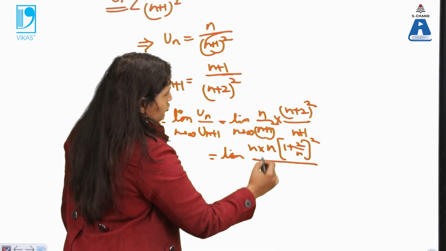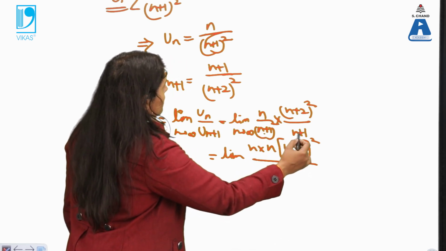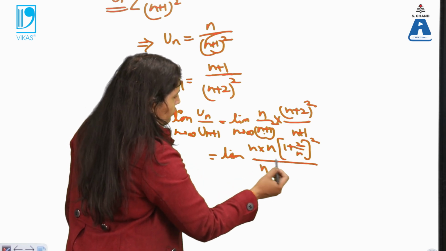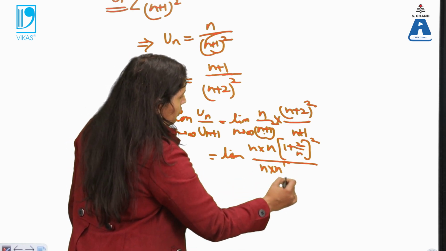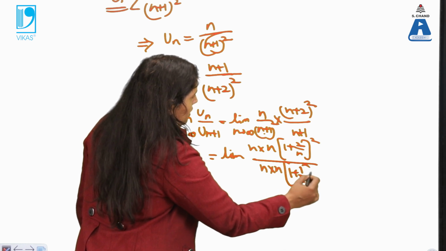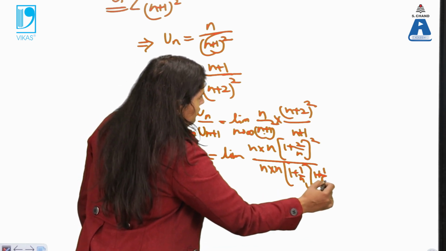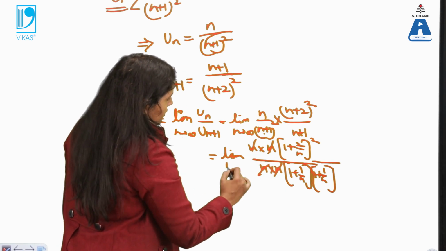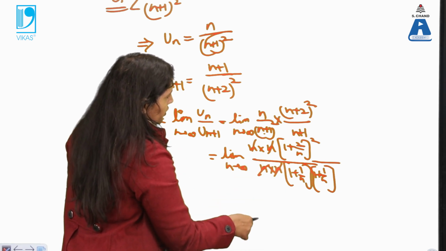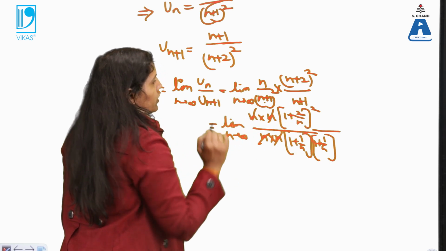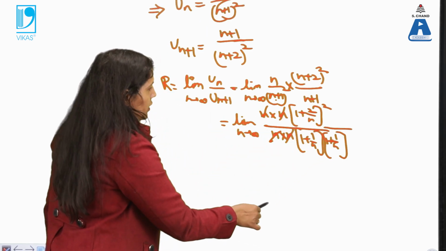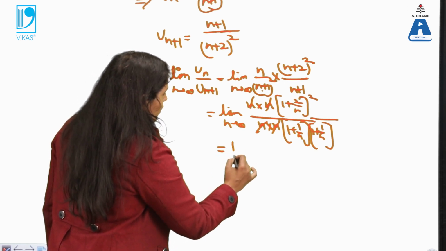So 1 plus 1 by n, 1 plus 1 by n, this gets cancelled. When you approach the limit to infinity, 1 by infinity is 0, 1 by infinity is 0, 1 by infinity is 0. So finally the limit comes out to be 1.